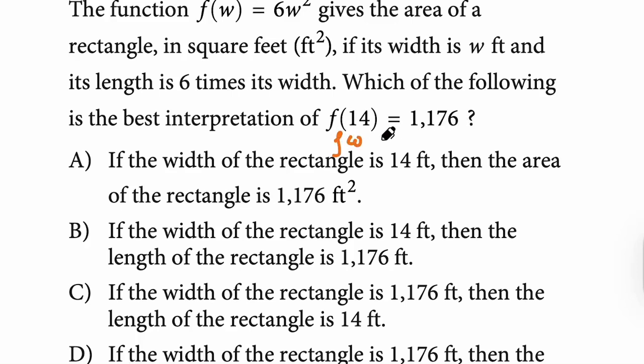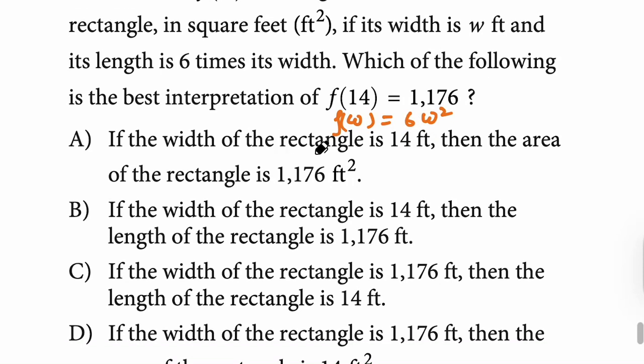What is the equation? That means this is clearly telling me that when width is 14, then area is this. And that is what is asked in the question. If the width of the rectangle is 14 feet, then the area of the rectangle is this. This one. So A is the right option.